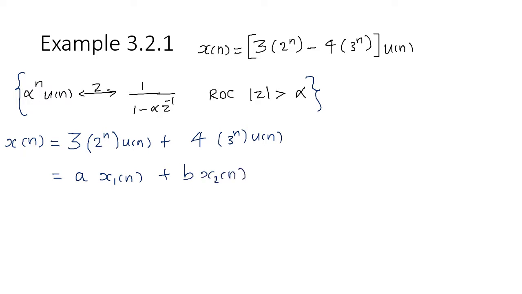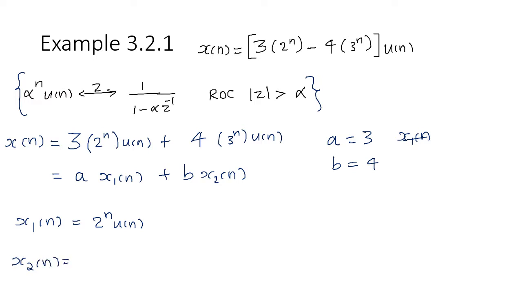So the given signal can be resolved into two signals x1 of n and x2 of n as a x1 of n plus b x2 of n, where a is equal to 3 and b is equal to 4. x1 of n is nothing but 2 raised to n u of n, and x2 of n is 3 raised to n u of n.